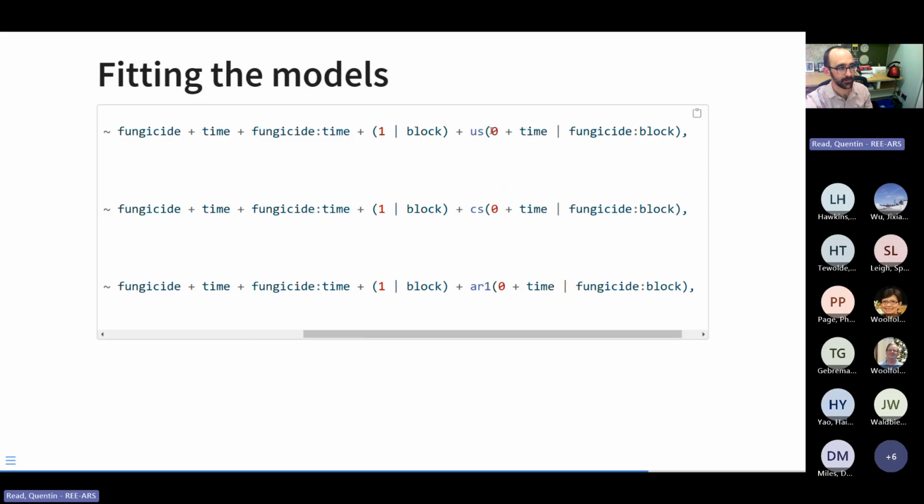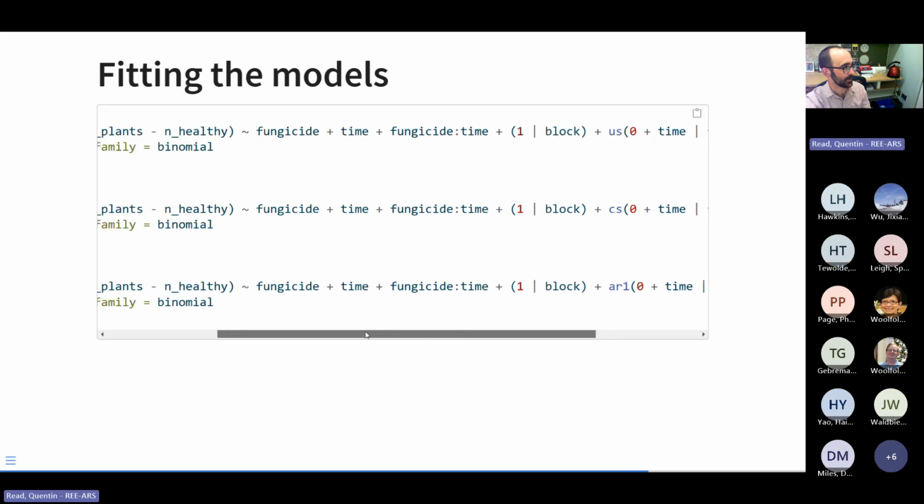We can't include the intercept in that, so we have to specify 0, which means exclude the intercept from this formula. We are just fitting an error structure for the trend over time, not for the intercept. The intercept is already accounted for by this block term, basically. Does that make sense? Yes.